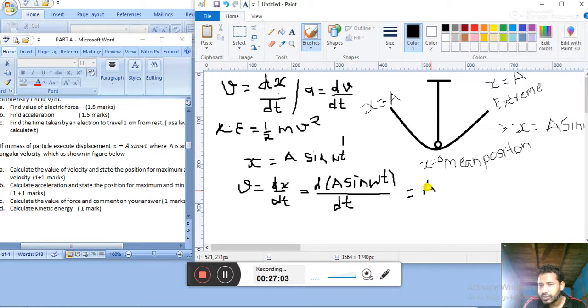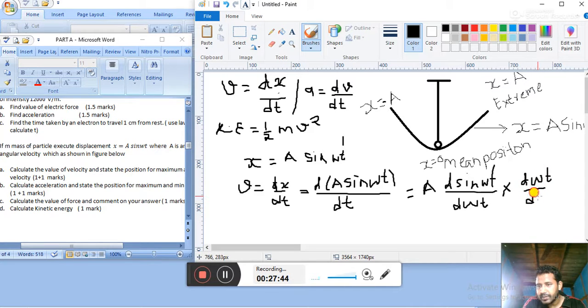You should actually use the chain rule: d sin omega t by d omega t, into d omega t by dt.